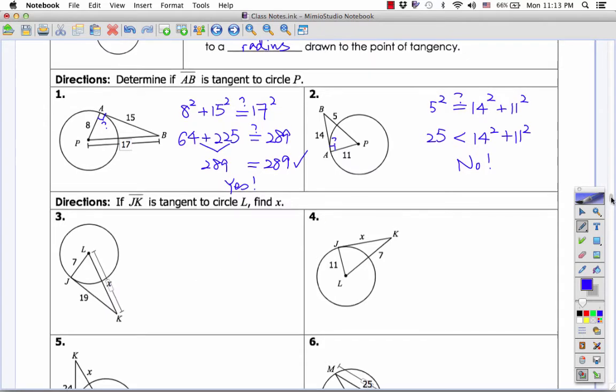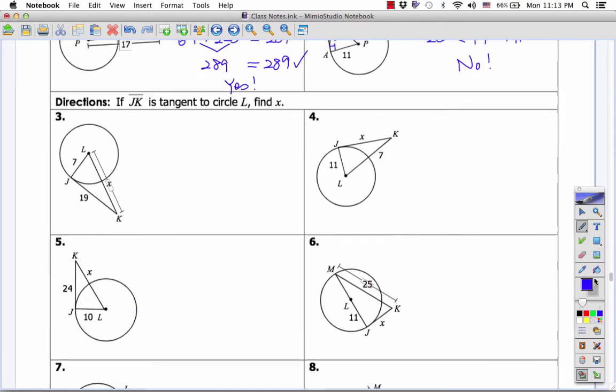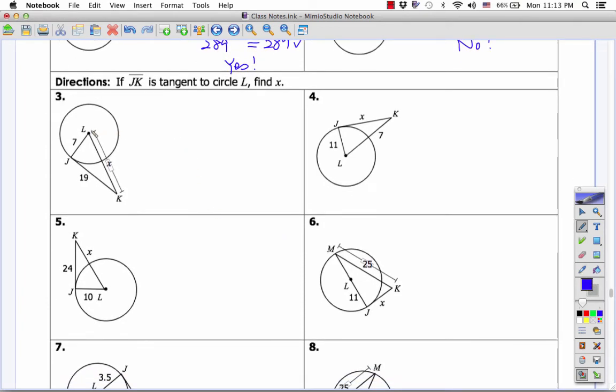So examples 3 and 4 involve a little bit of algebra. Say if JK is tangent to circle L. So we know JK is a tangent line, which means that LJ would be perpendicular to JK. We have to find X. This now becomes a simple right triangle.